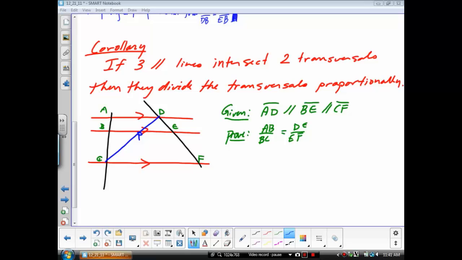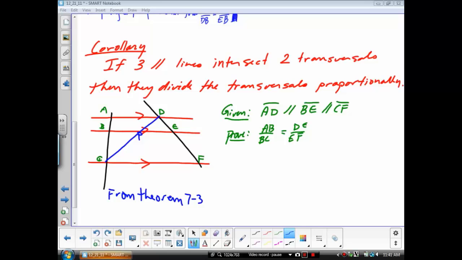And from the triangle proportionality theorem, which was theorem 7.3, I know that these following proportions must be true. In triangle ACD, this line is parallel to AD and intersects sides AC and CD.